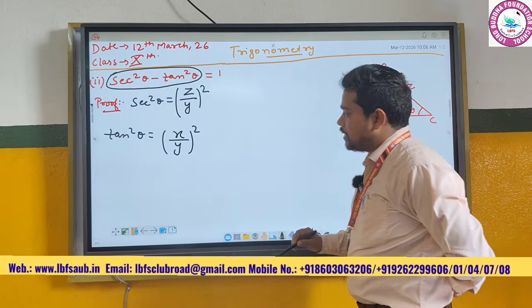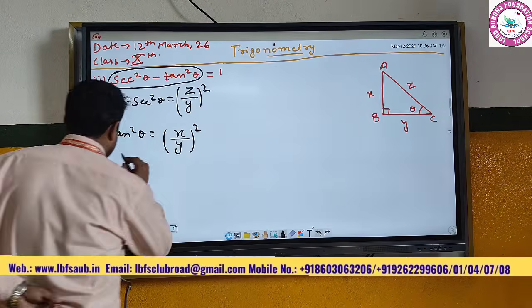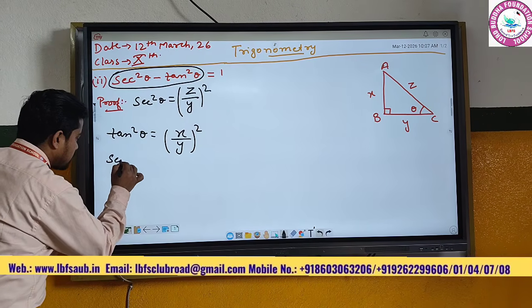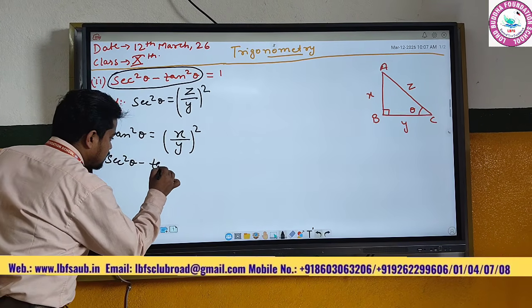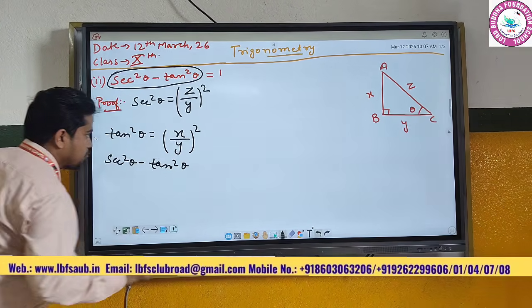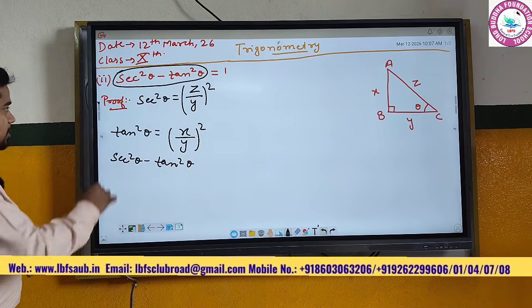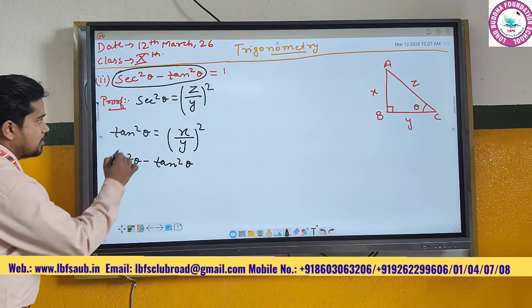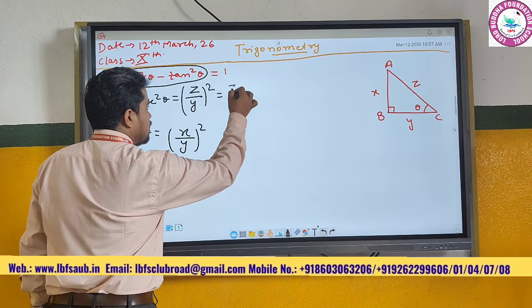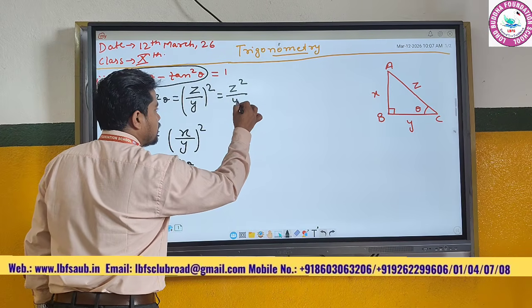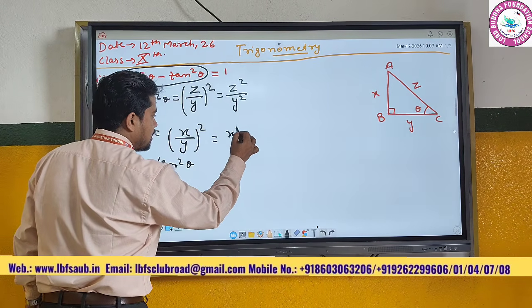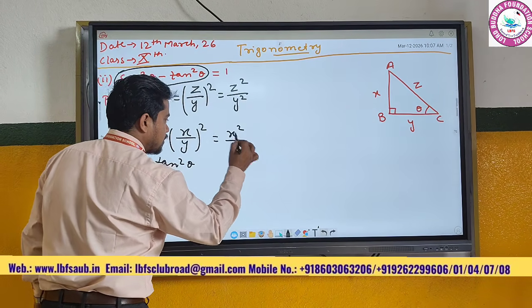So we can write it as sec square theta minus tan square theta. So we have to find out the value of sec square theta. The value of sec square theta is, or we can write it as z square upon y square and x square upon y square.